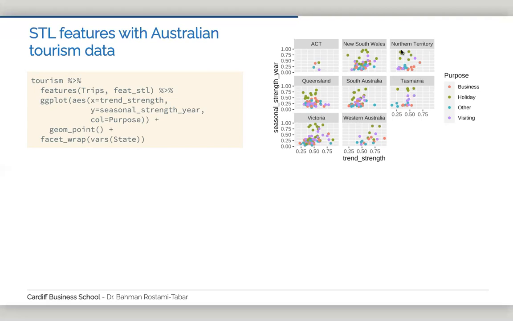So each point here corresponds to one time series. Okay, so this is something you need to remember. And then for that particular time series, we have its trend and its seasonality.